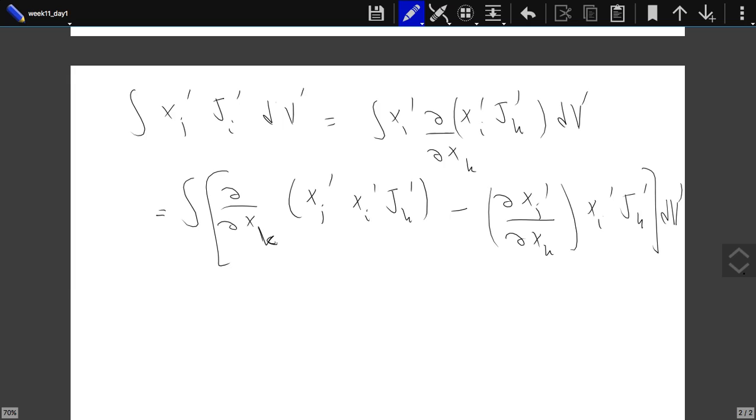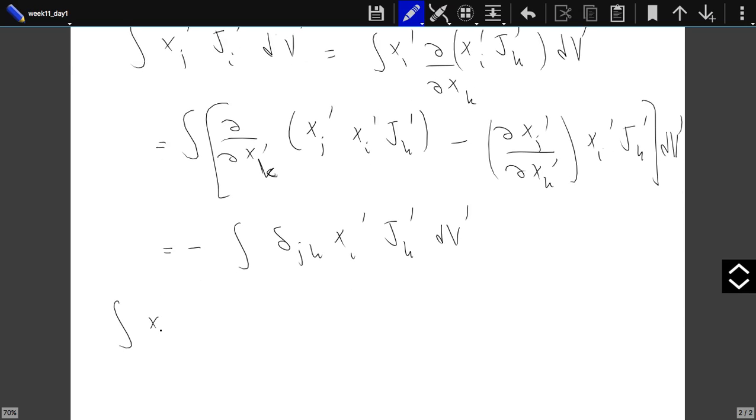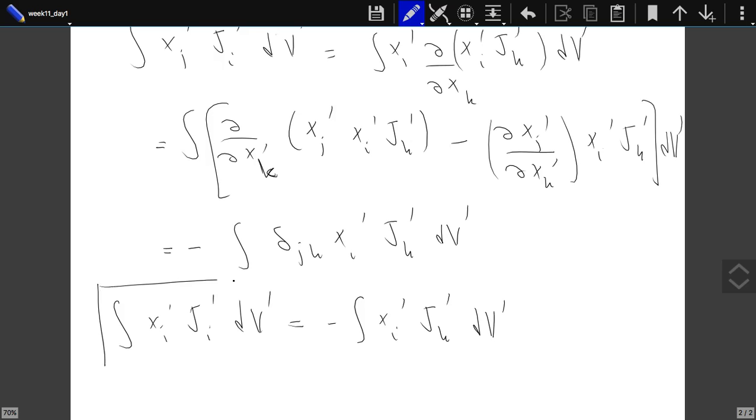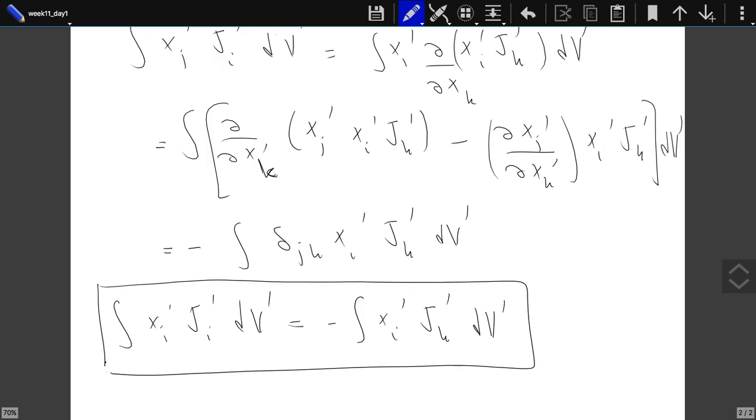Again, the first term I can just convert into a surface integral which vanishes. I'm left with the second one, which gives me minus, well, that derivative is nothing but Kronecker delta jk, x_i prime j_k prime dv prime, or x_j prime j_i prime dv prime. This is equal to minus x_i prime j_k prime dv prime. Okay, this is one identity I have.